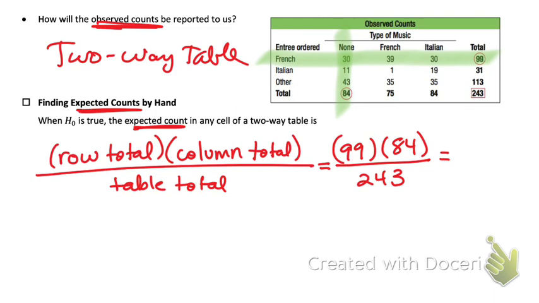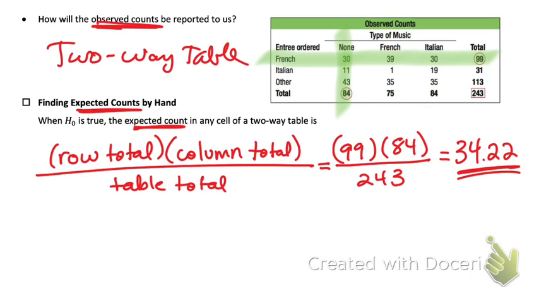Right now. Plug this in. What'd you get? 34.22? Ladies and gentlemen, we would expect 34.22 people to order French food when no music is playing. We actually observed 30. Is there a difference? Yes. All right, good.